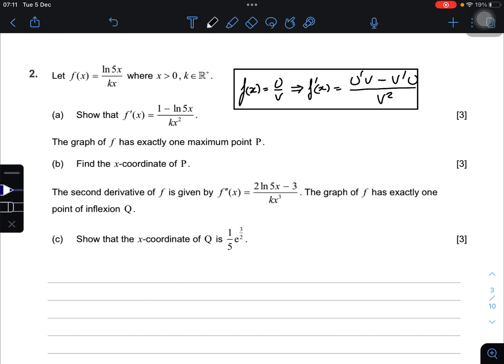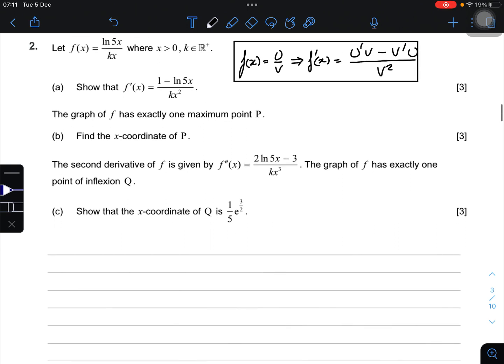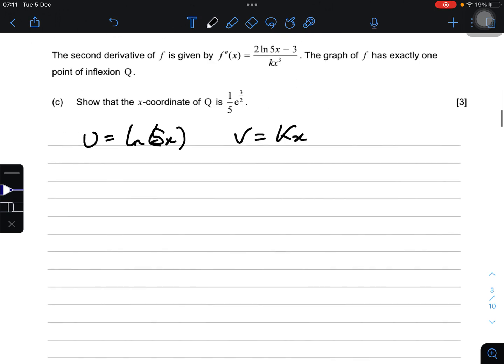Okay, let f of x, which is much more standard, equal ln of 5x over kx. Show that the differential is that. Fine. So I gave you the formula there as well, but that's also in your formula booklet. So in this case here, let's just write down u obviously is our ln of 5x, and v is our kx. So let's differentiate these. U dashed, well, we've learnt the formula for this.